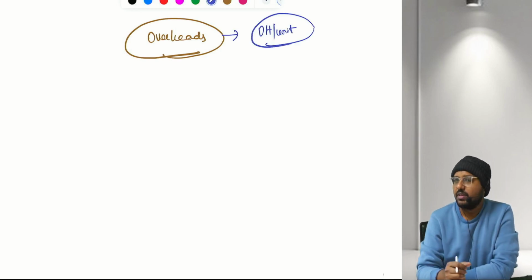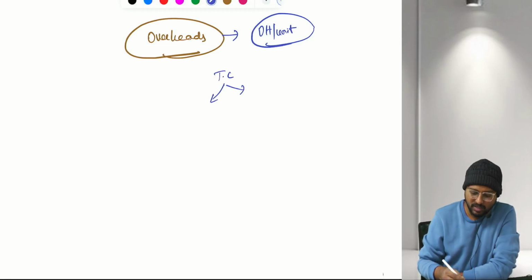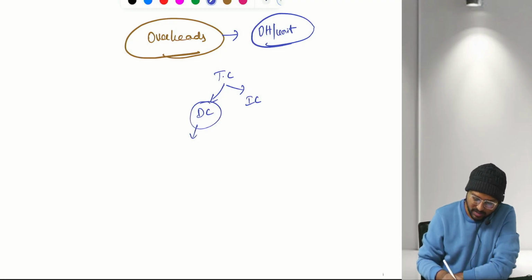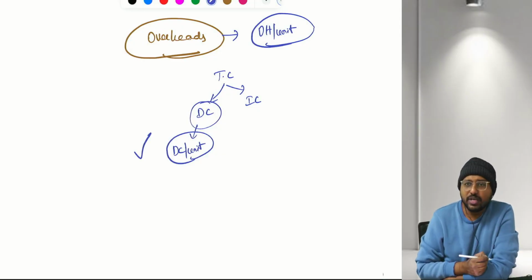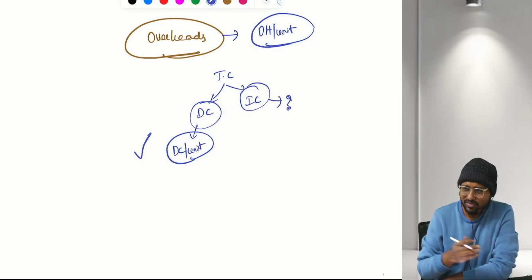Correct? Because we know that total cost is made up of two different types of cost. What are they? Direct cost and indirect cost. Now, when it comes to direct cost, immediately we know what the direct cost per unit is. But with respect to indirect cost, we do not know what the indirect cost per unit is, correct? That's why it is called indirect cost.